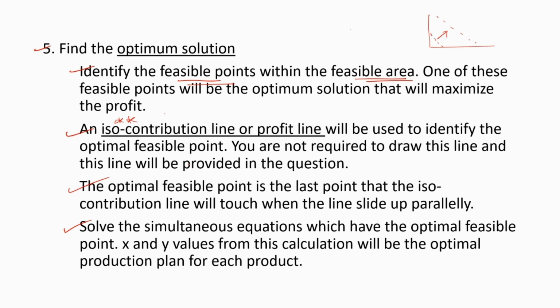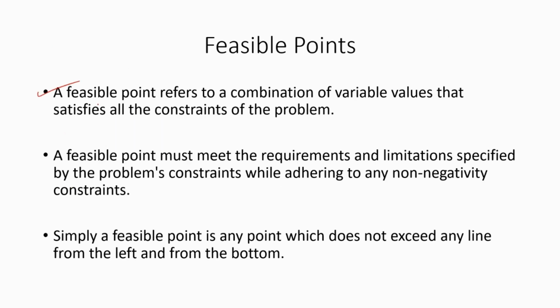Find the optimum solution. Identify the feasible points within the feasible area. One of these feasible points will be the optimum solution that will maximize the profit. What is a feasible point and what is the feasible area? A feasible point refers to a combination of variable values that satisfies all the constraints of the problem.